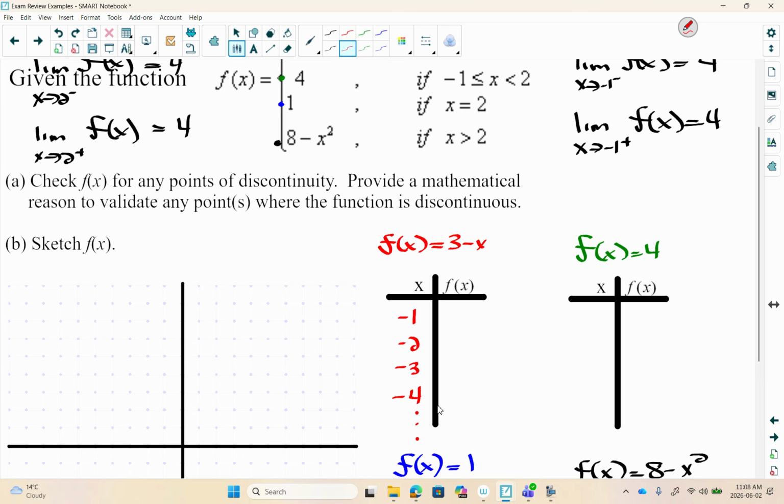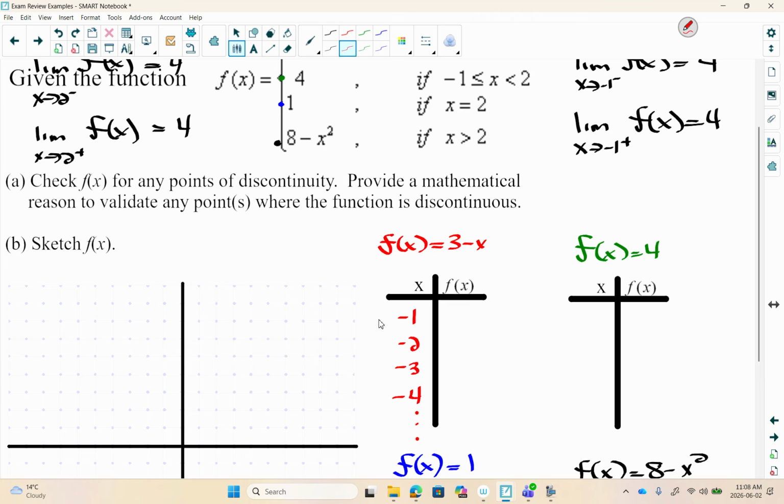Put some dots there to indicate it goes. But if it can't equal -1, why am I putting the -1 in the chart? Why don't I just start at -2? Because it could equal -1.1, or it could equal -1.01, or it could equal -1.5. I can't just start at -2 because I'd be omitting all of the numbers between -2 and -1.